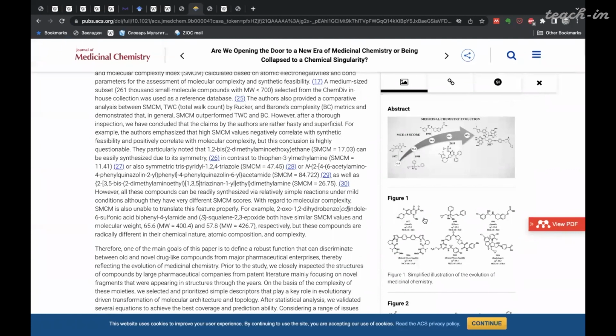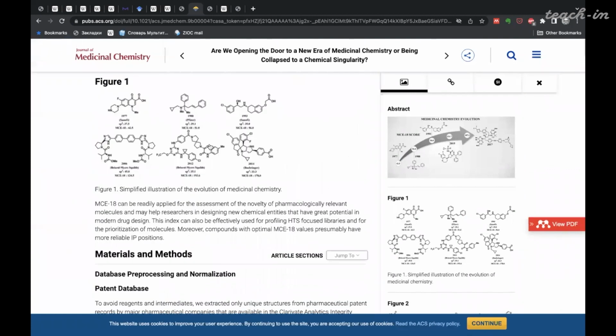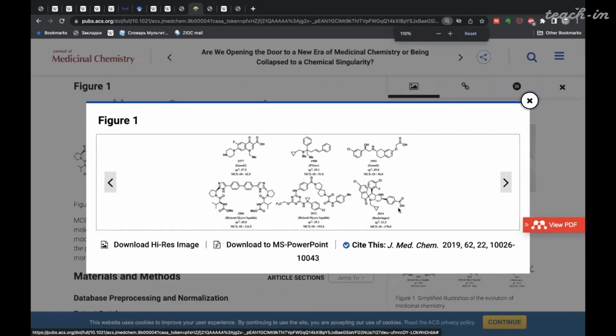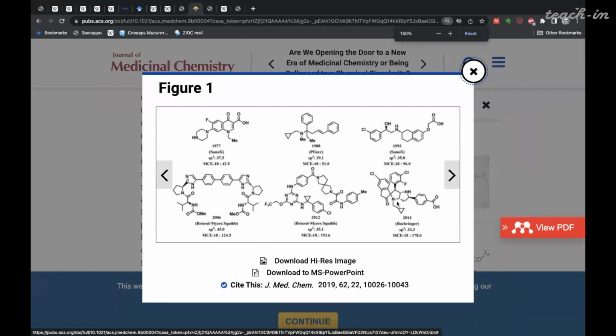And if we consider drugs that were released to the market, then we see that gradually the structure, the molecule is larger and is more complex.